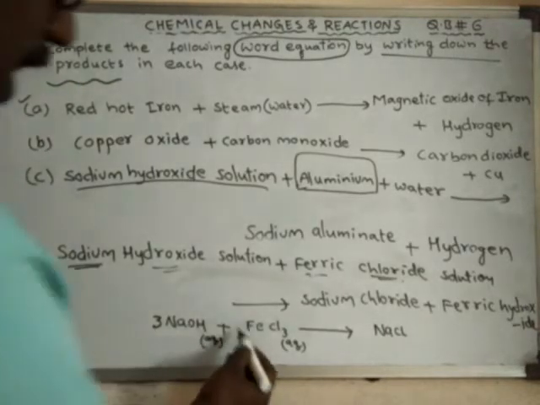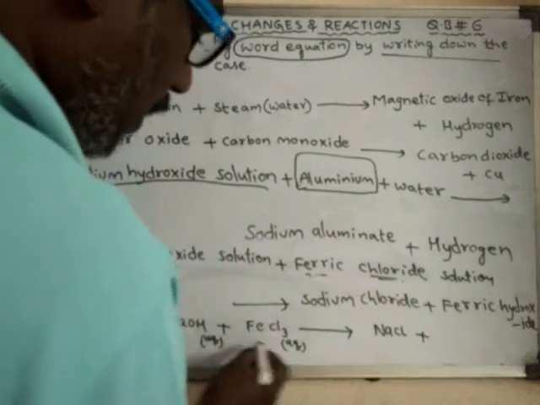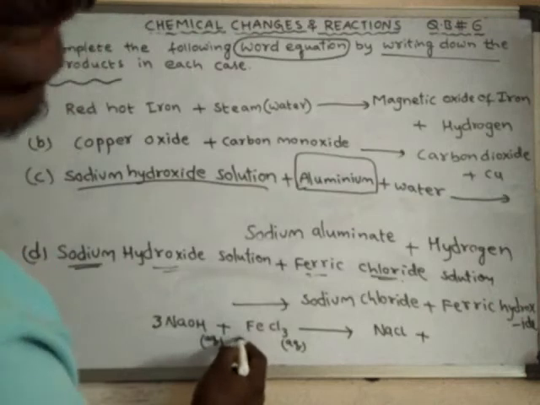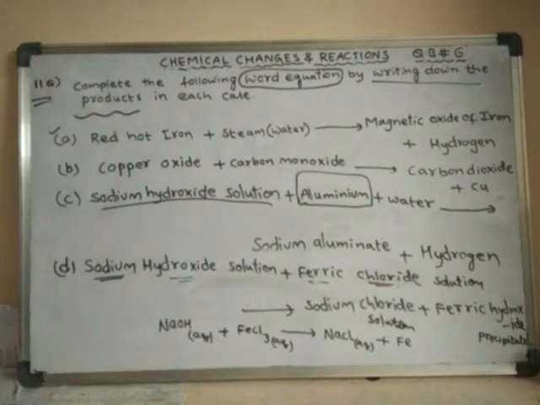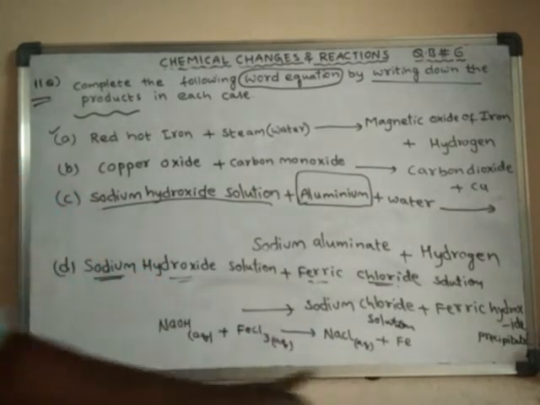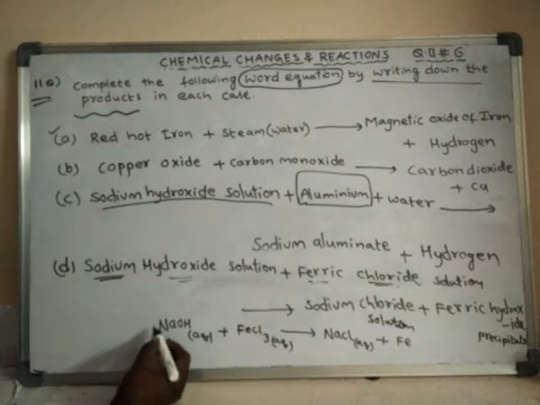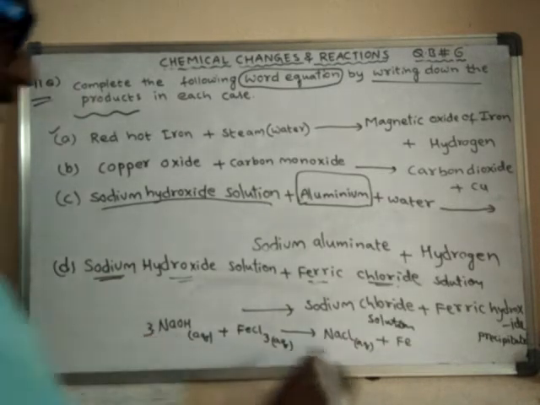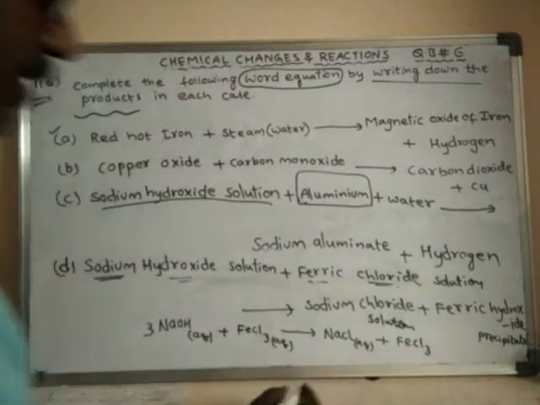Every Fe plus 3, here iron is in the form of ferric. Every one ferric ion takes 3 chlorines. So like this it forms FeCl3.